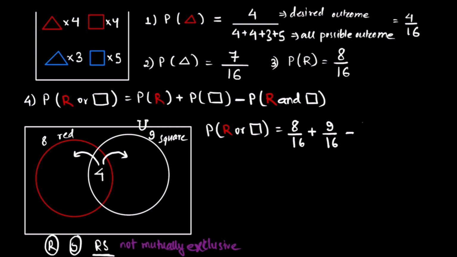So probability of getting red square is 4 by 16. Again, what is this? This is the probability of getting red. This is the probability of getting square. And this is the probability of getting red and a square.